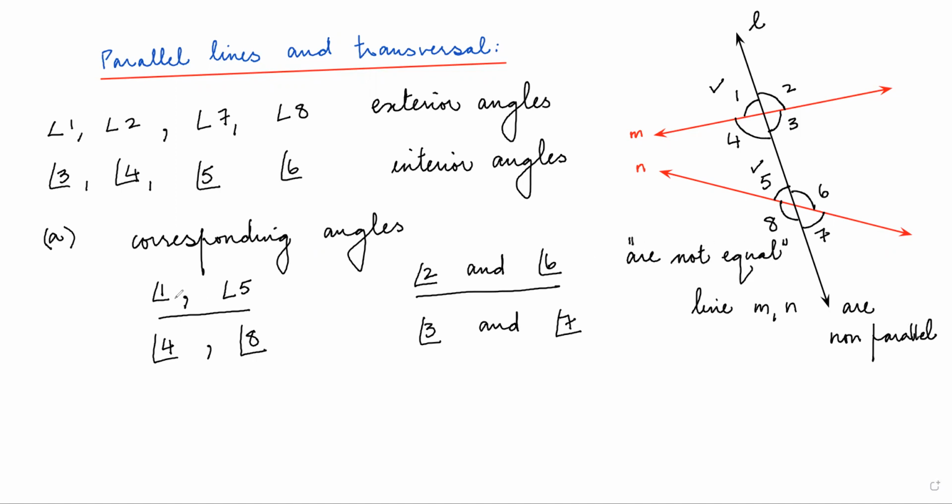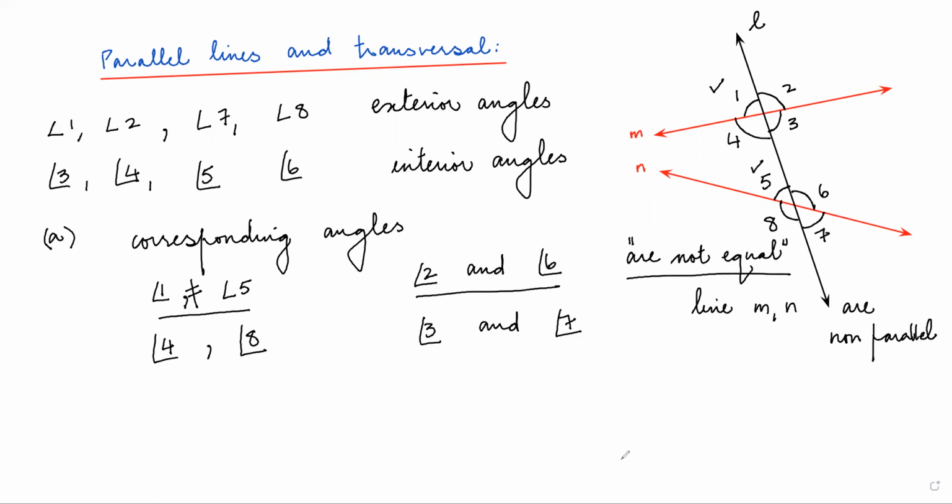Means angle 1 and angle 5 are corresponding, but angle 1 is not equal to angle 5, for M and N lines which are non-parallel and a transversal L is intersecting them. All the corresponding angles so formed will not be equal.